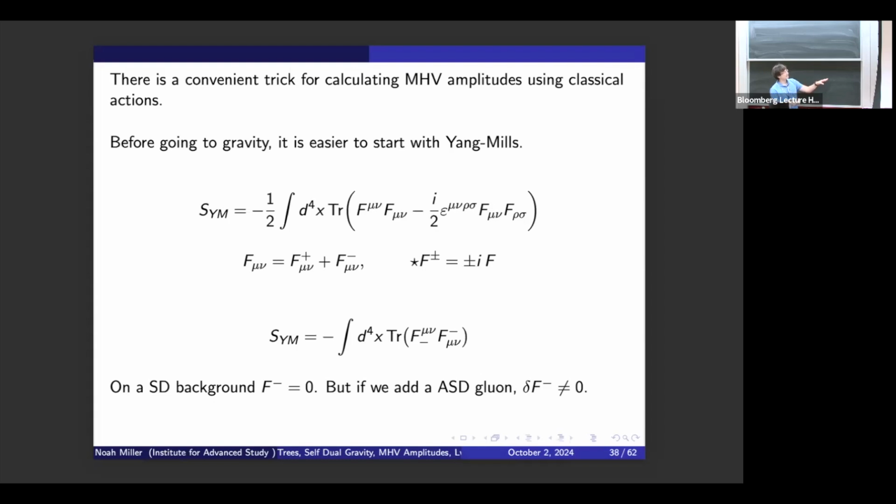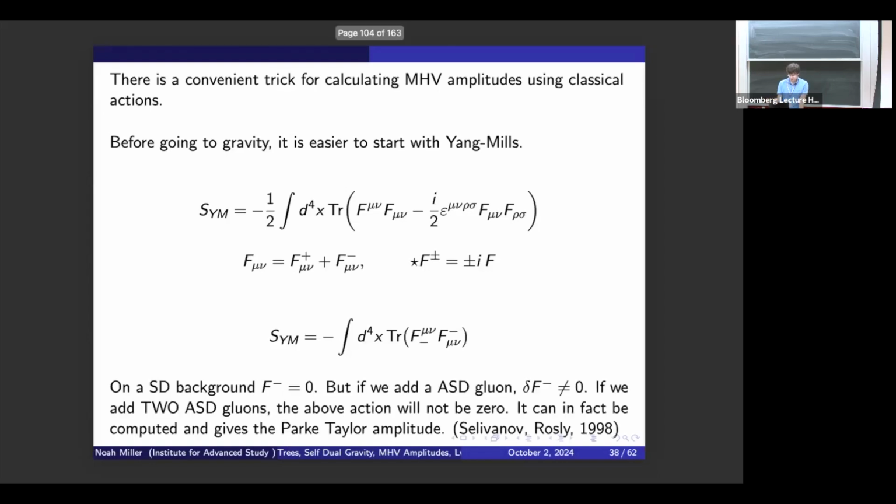But if you add an anti-self-dual gluon to linear order, you now have a non-zero anti-self-dual part. It takes two anti-self-dual gluons to make this action non-zero.